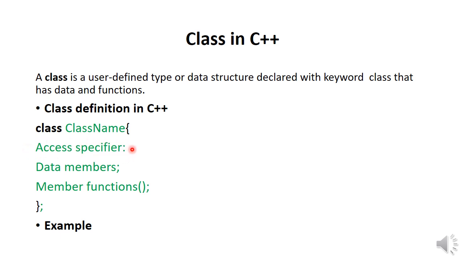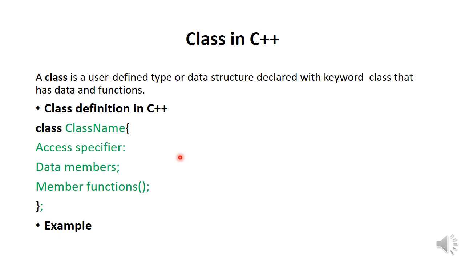The members of a class should be private, public, or protected. After the access specifiers, we declare data members, and then we declare member functions. At the end of a class we have the semicolon, which means this is the end of the class.